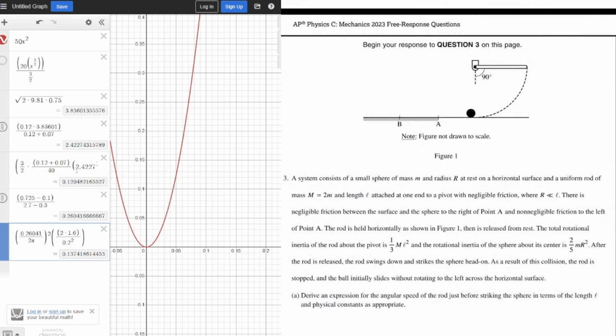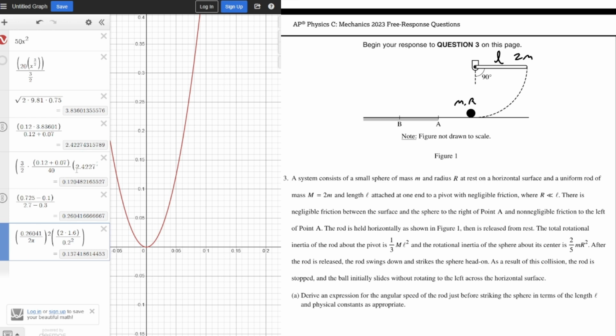So a system consists of a small sphere of mass m and radius r at rest on the horizontal surface, and a uniform rod of mass M equals 2m and length L attached to one end of a pivot with negligible friction. Okay, so here's the rod. So the rod has 2m, this has m, and this has r.